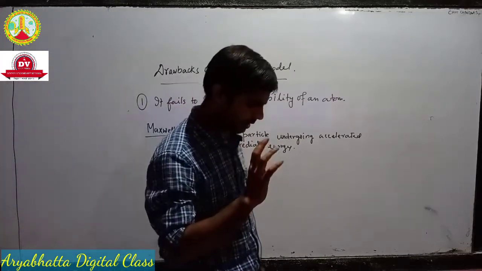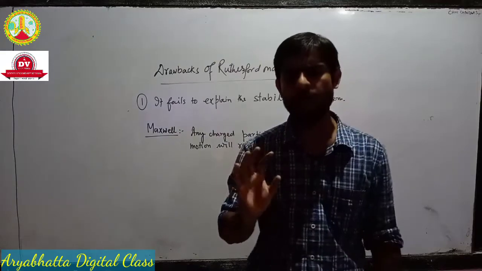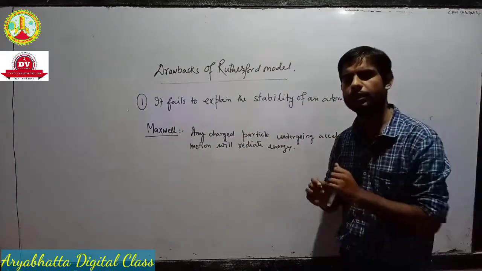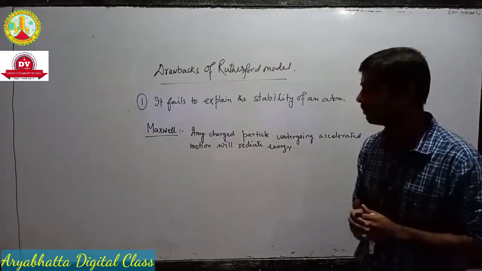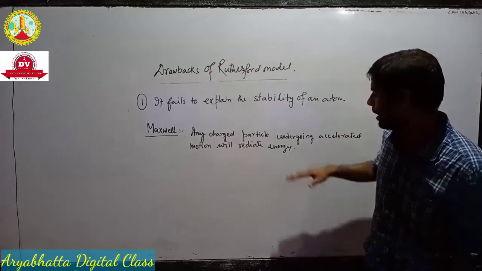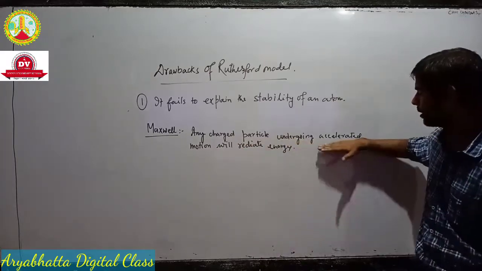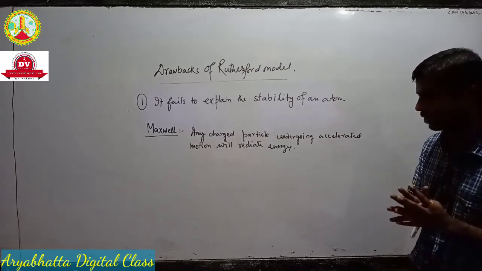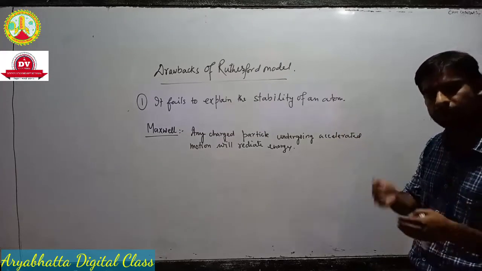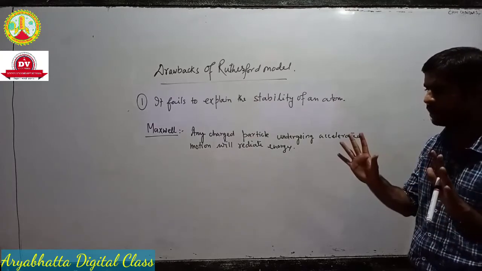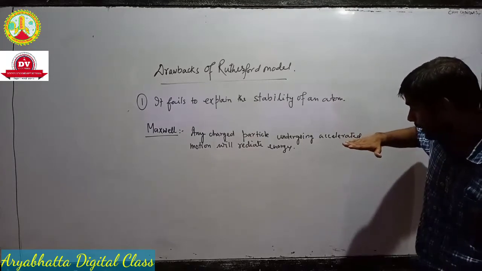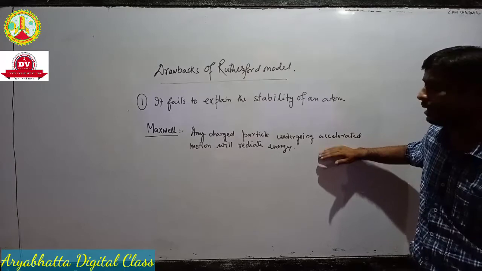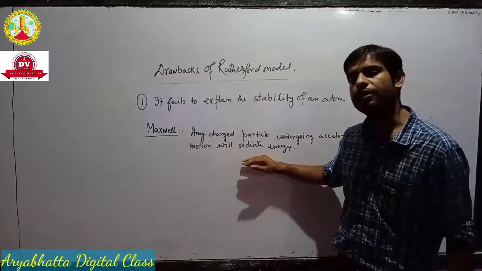We will discuss few things about electromagnetic waves later, but just see that if a charged particle is under accelerated motion, and mind it, the motion should be accelerated in nature, okay, not the uniform motion. If it is uniform motion, then no energy will be radiated, but if there is accelerated motion, then energy will be released.